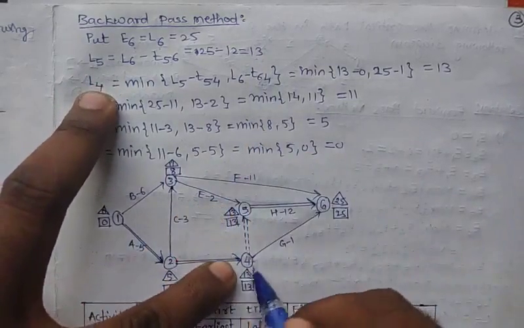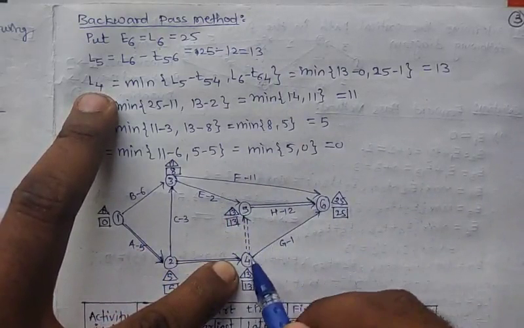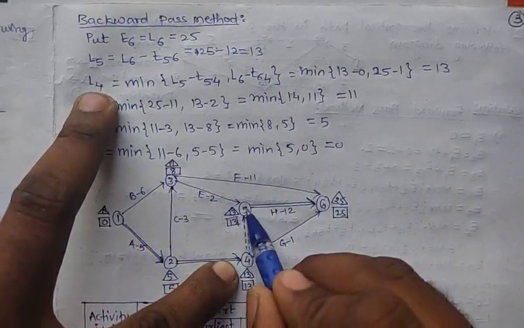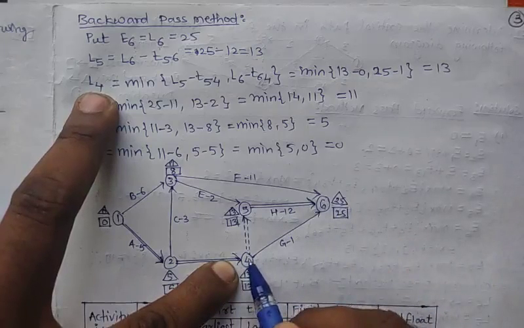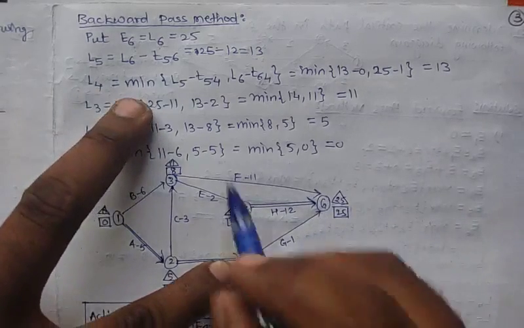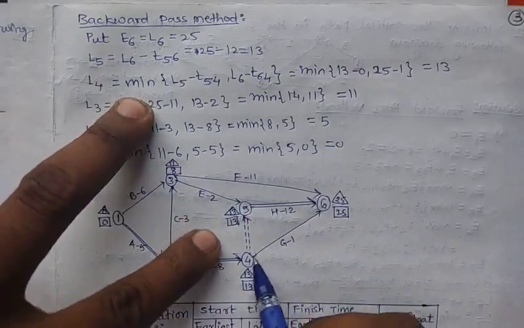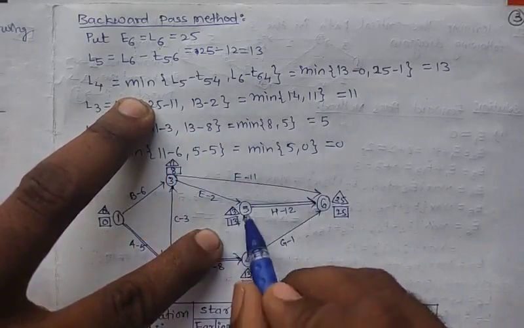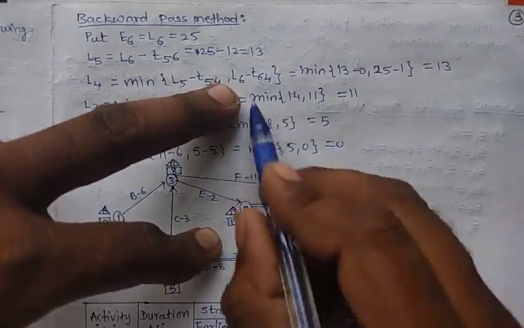Next we calculate L4. Now L4 has two outgoing arrows, to 5 and to 6, right? Now to calculate L4 we take the minimum between these two. So here we get the formula: first write down the minimum of L5 minus T45 and L6 minus T46.